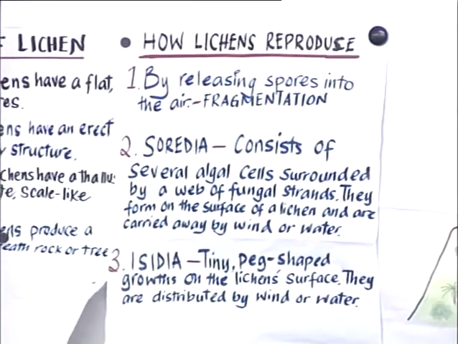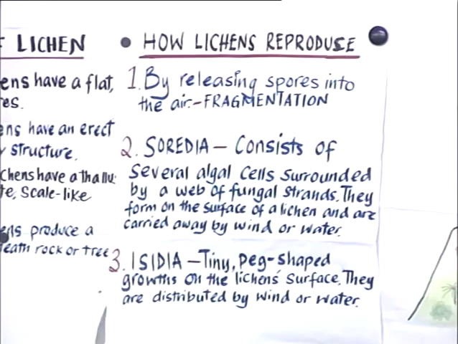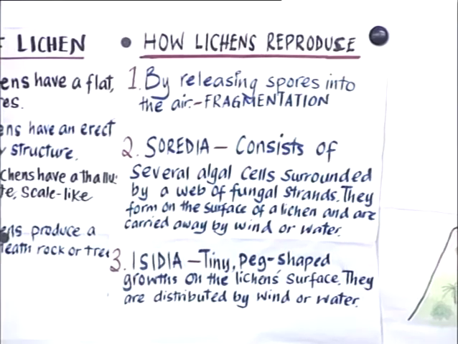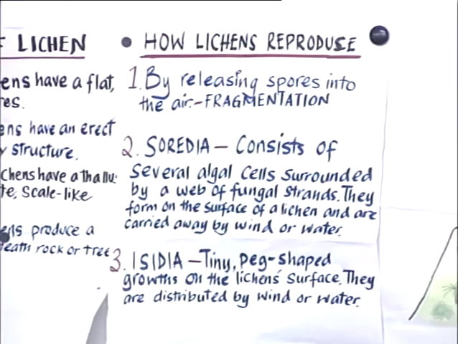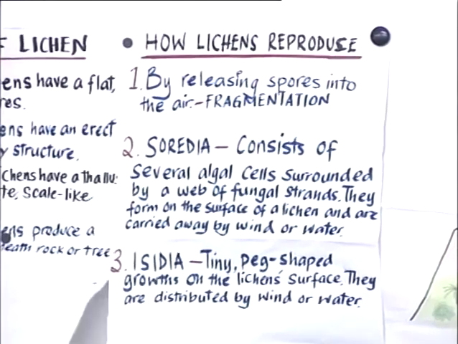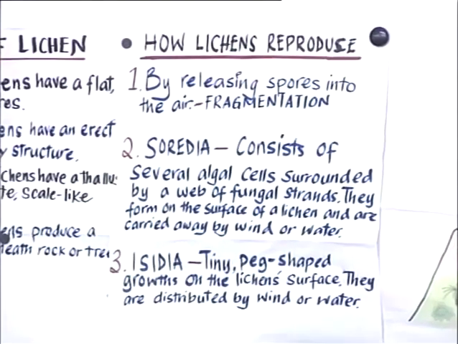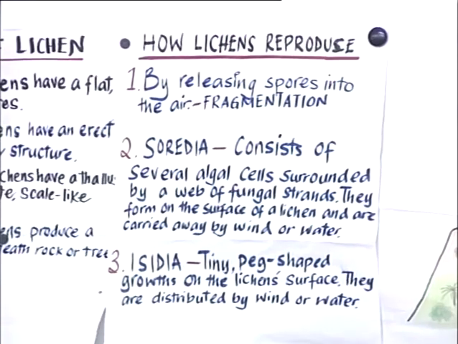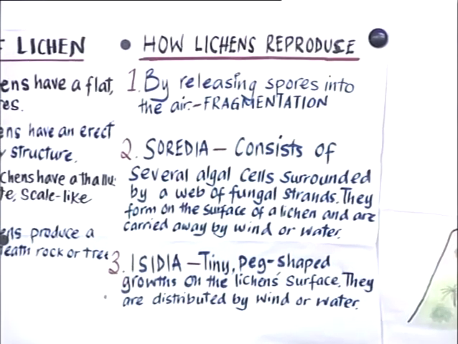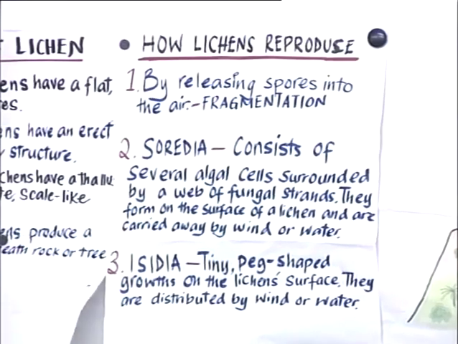They consist of several alga cells surrounded by a web of fungal strands. They are dispersed by the wind or water. If a soredium falls into a crack of a rock or tree, it can start to grow there as a lichen.